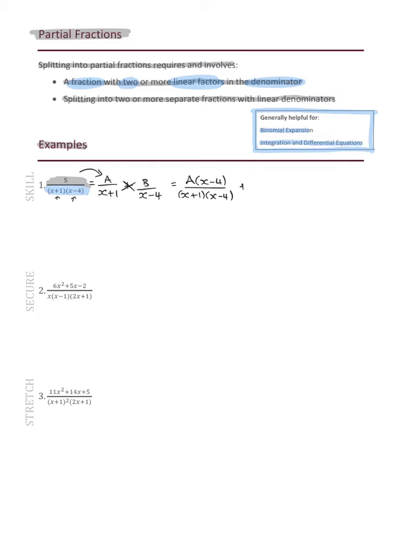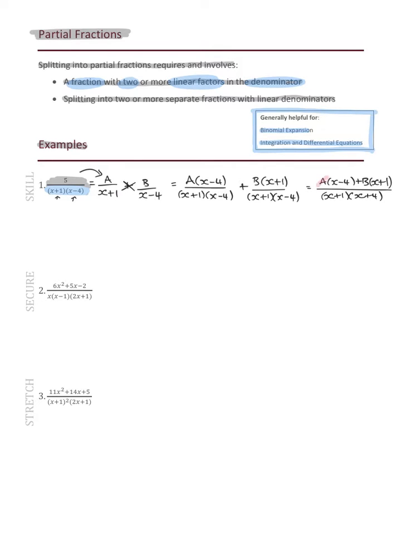And then I would have plus b lots of x plus 1 over x plus 1, x minus 4. So theoretically I could cancel out that and this to get me back to where I started. But now I have a common denominator. I have a x minus 4 plus b x plus 1 over x plus 1 x minus 4.